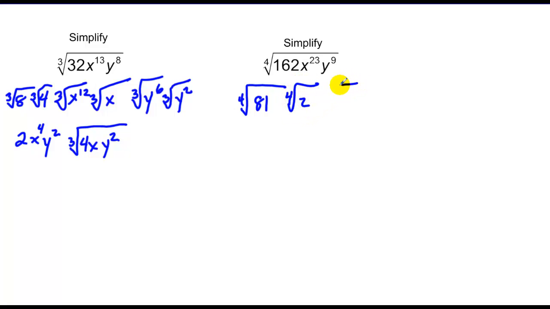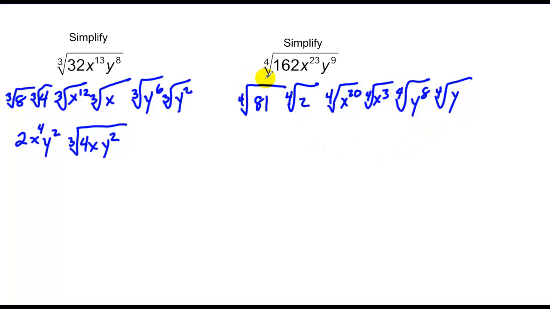Biggest perfect fourth in x to the 23rd is x to the 20th, leaving me with x cubed. Biggest perfect fourth in y to the 9th is y to the 8th, leaving me with a y.